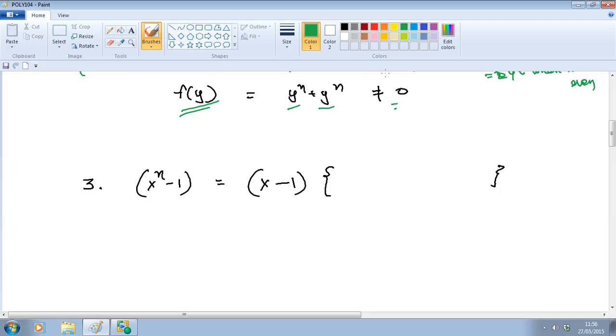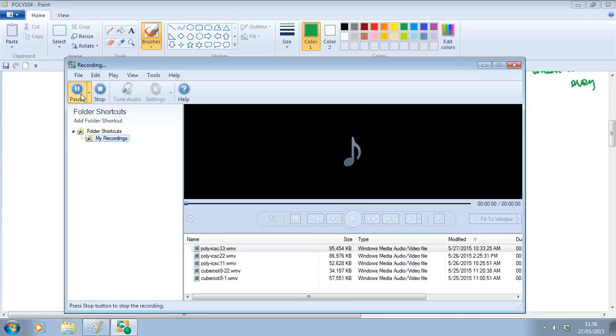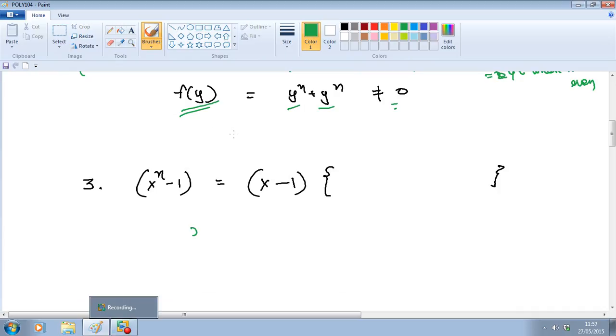Can we divide using synthetic division? How exactly will you do the synthetic division for x to the power n? This x to the power n has coefficient 1.